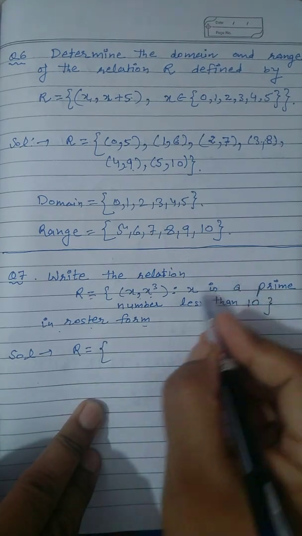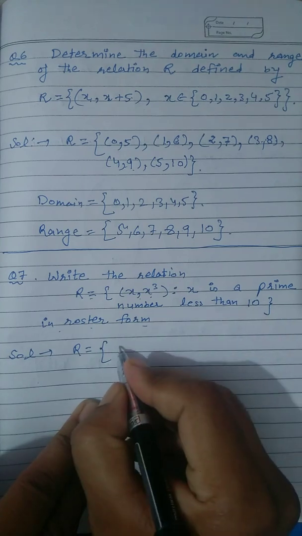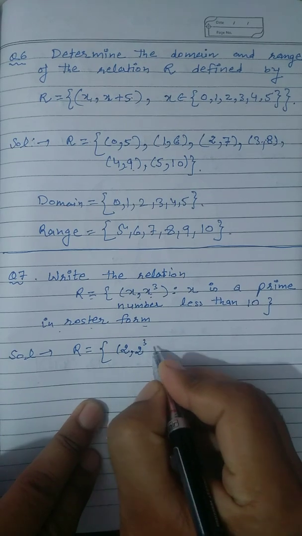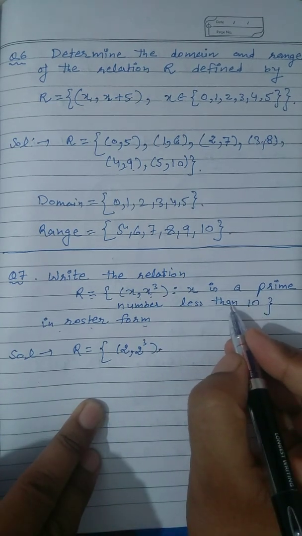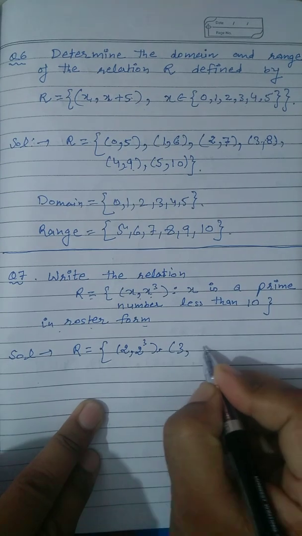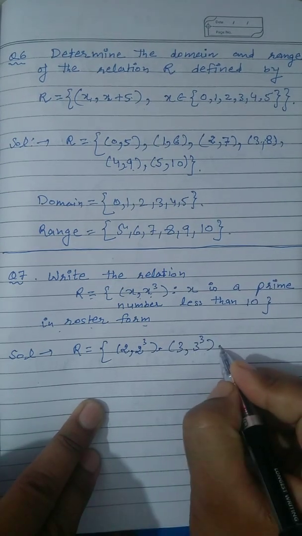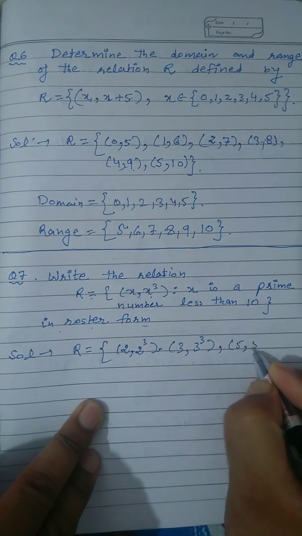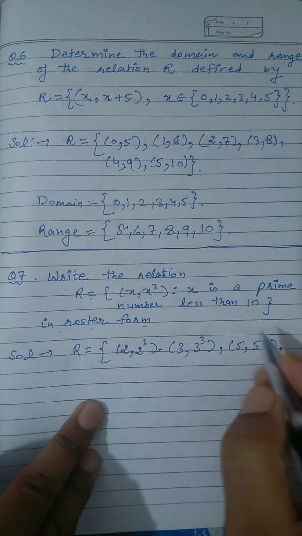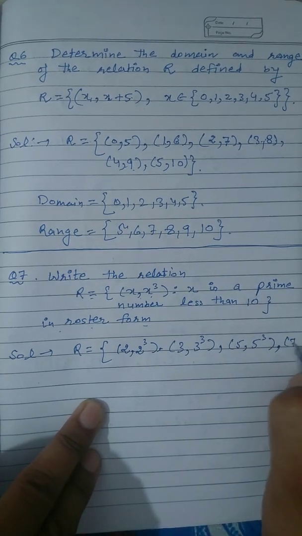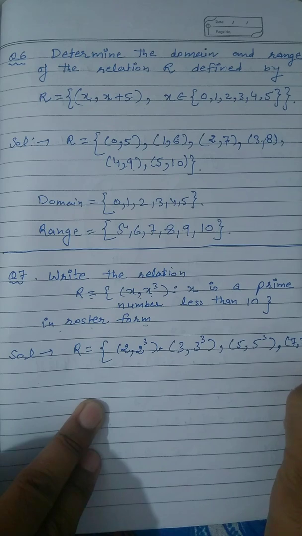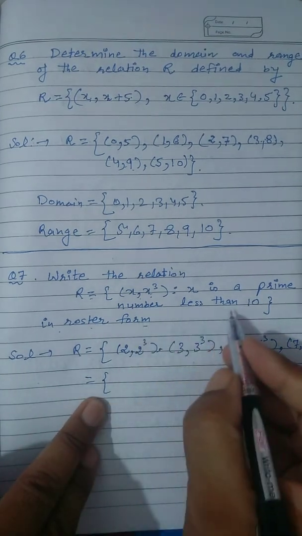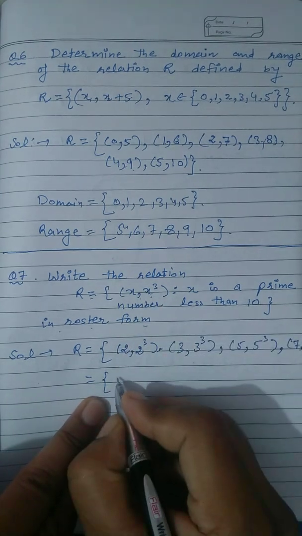The first prime number less than 10 is 2. Accordingly, y is 2 raised to power 3. Next prime number is 3, so 3 raised to power 3 is y. Next prime number less than 10 is 5, 5 comma 5 raised to power 3. Next prime number is 7, 7 comma 7 raised to power 3.